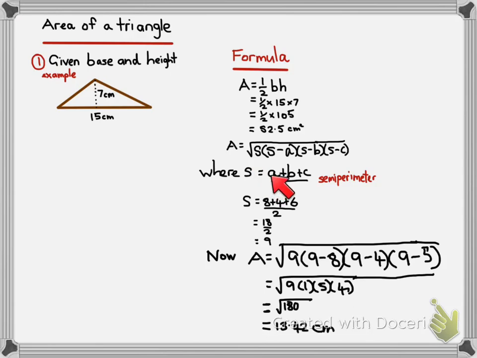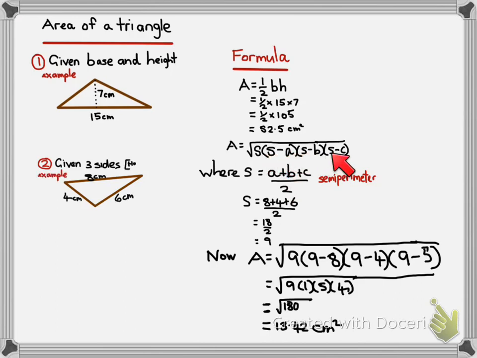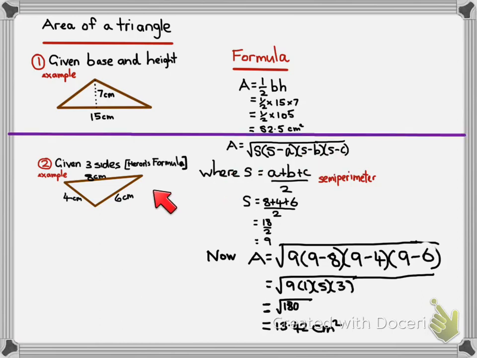The perimeter of a triangle is the three sides added together, so for the semi-perimeter we would need to halve that. You'll also notice in Heron's formula S appears here, here and here as well, and the sides A, B and C also appear. So let's have a look at an example.